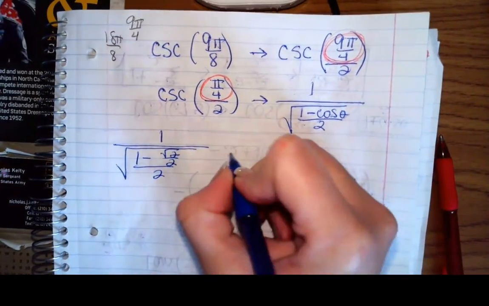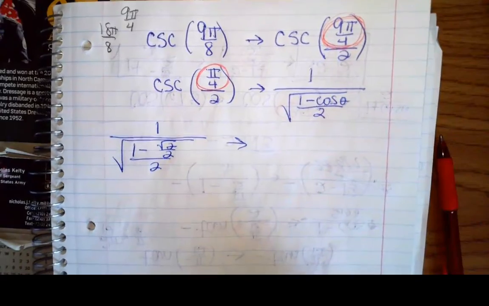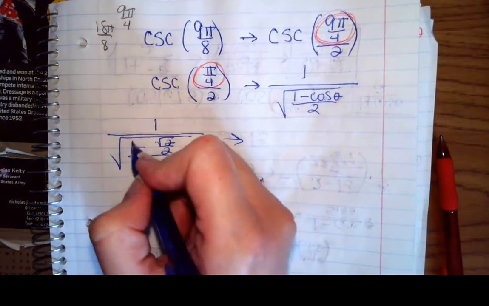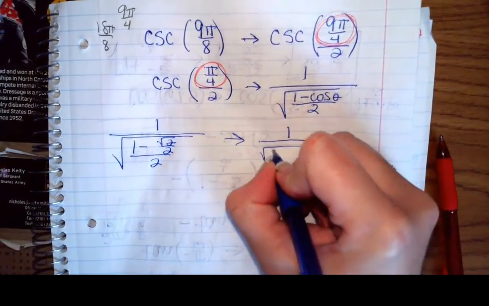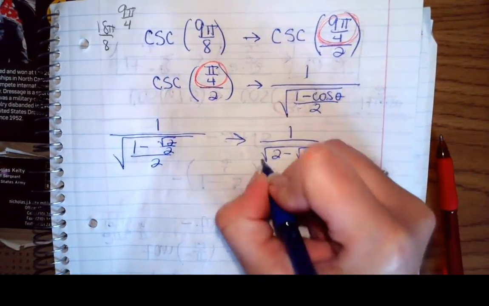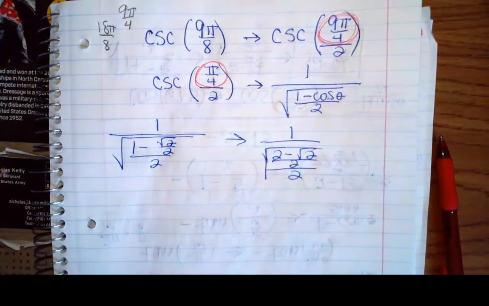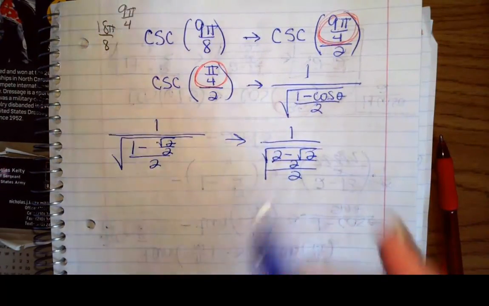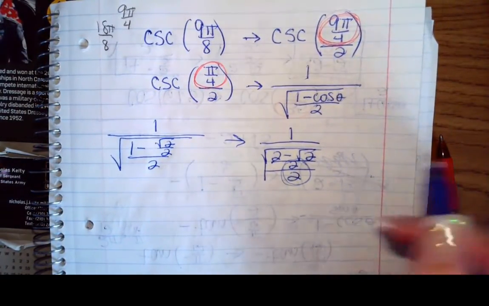over 2. Okay, so I need a common denominator. And when I get that common denominator, I am going to change this into a 1 over, and then I'll have 2 minus root 2 all over 2 again. Okay, over 2 again. So looking at that, what do I do now? I can combine these two things, and that's going to give me a 4.